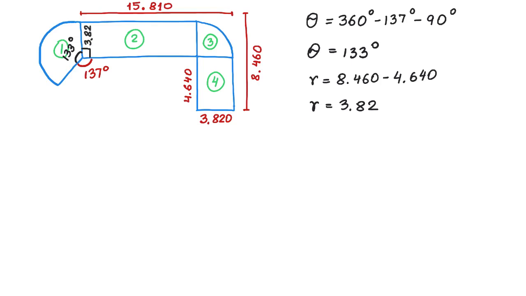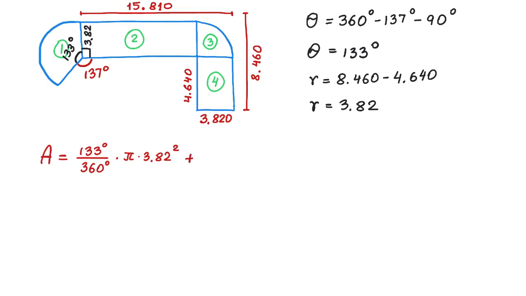Now I will start the total area, and the first part will be the area of the sector, that is 133 degrees over 360 degrees multiplied by pi r squared, and r is 3.82 squared, plus, now the second region is a rectangle.